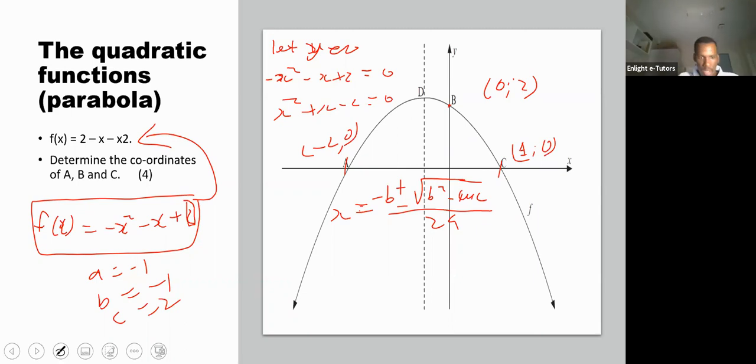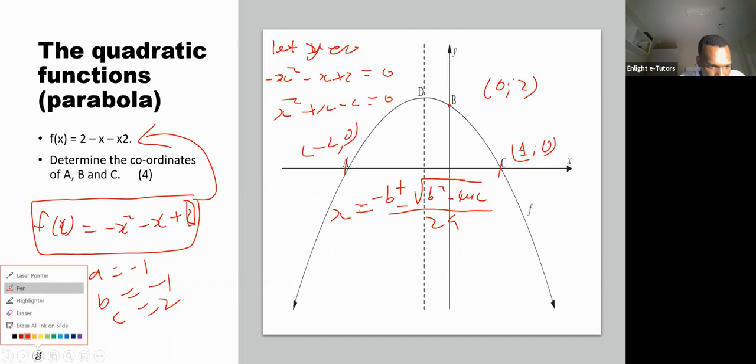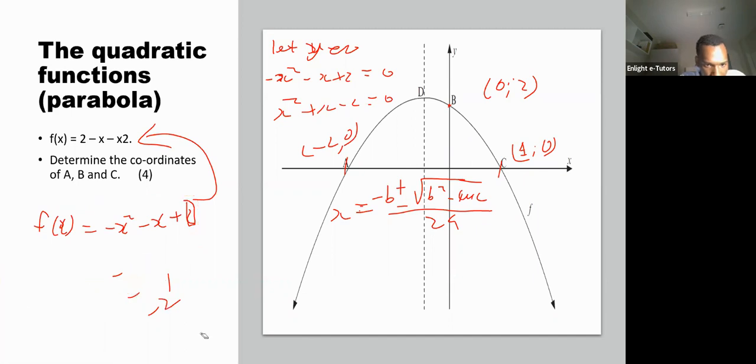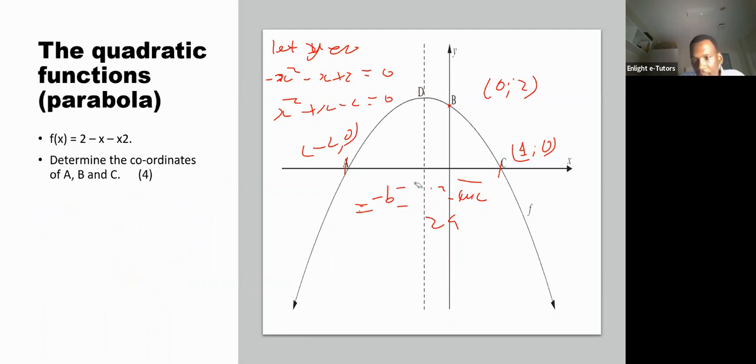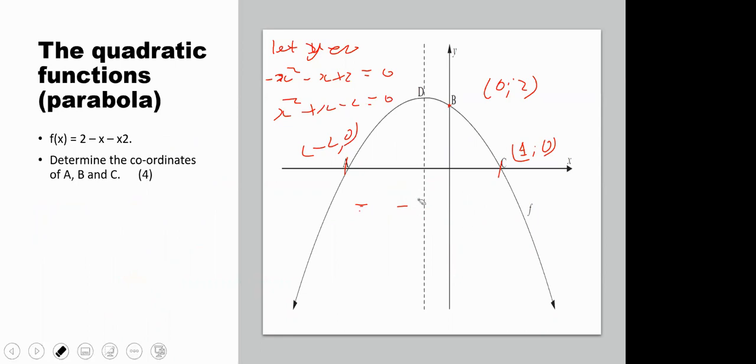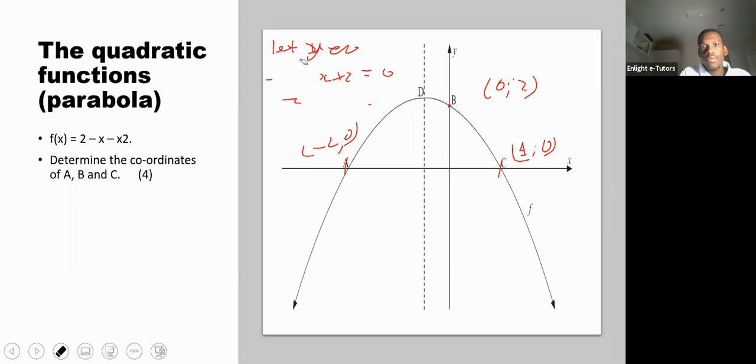You understand? Yeah. So we got what they wanted with this one, which are the coordinates. So we have all of the coordinates already. Yeah, you just equate those x values and then you are done.